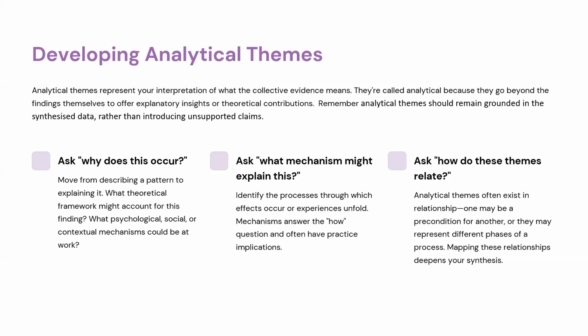Then we're going a step further by asking, for example, what the mechanism behind this may actually be. So why does this come about? What causes it to come about? And then finally asking, now that we understand why our patients or study population may have a certain reaction to a certain intervention or environment, what does that then mean in terms of the themes that we have extracted and that emerged? And what does it mean in terms of answering the research question?